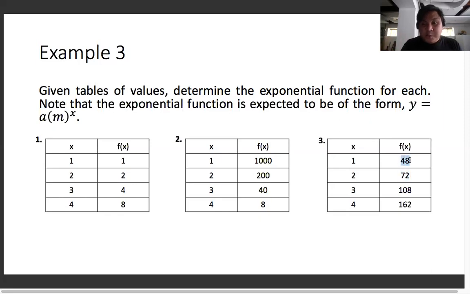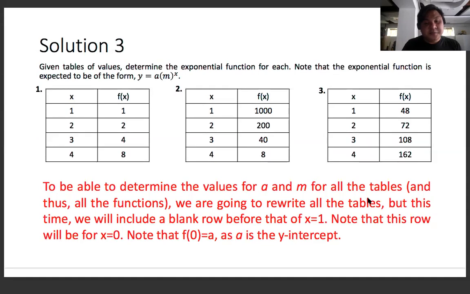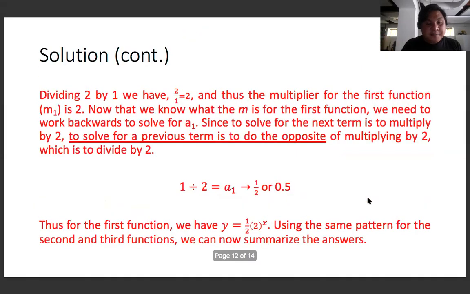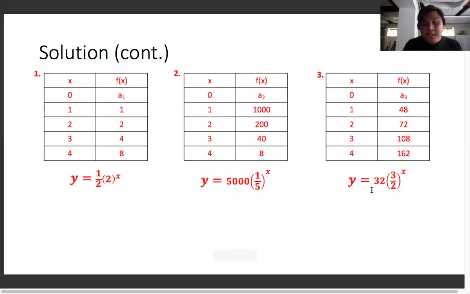So 72 divided by 48, the GCF is 24. 72 divided by 24 is 3. 48 divided by 24 is 2. Therefore, the multiplier is 3/2. Okay, so here are our long sets of solution. But if you are able to solve it, these are the answers that you should be getting.